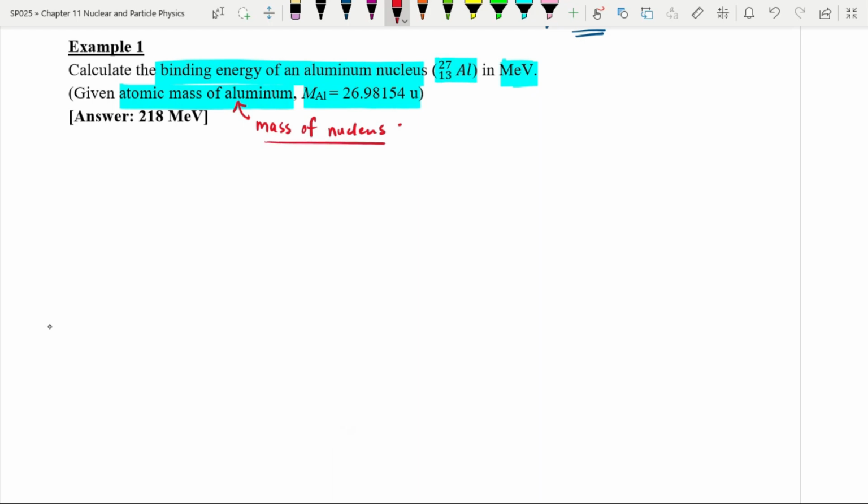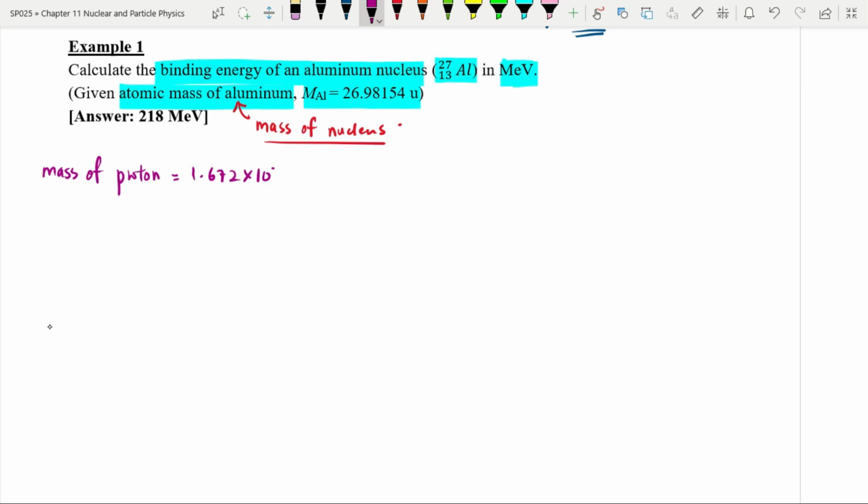So let's kira macam mana nak solve benda ni. First kita kena tengok pada constant value bagi mass of proton dan mass of neutron. Constant value dekat dalam exam kita ada dua unit bagi mass. Contohnya mass of proton ada nilai dia 1.672 exponent negative 27 kg.